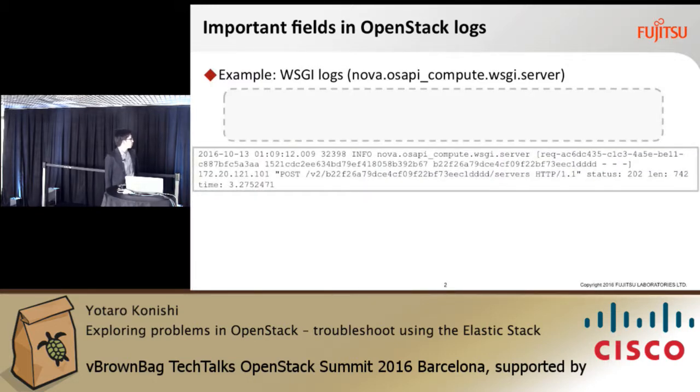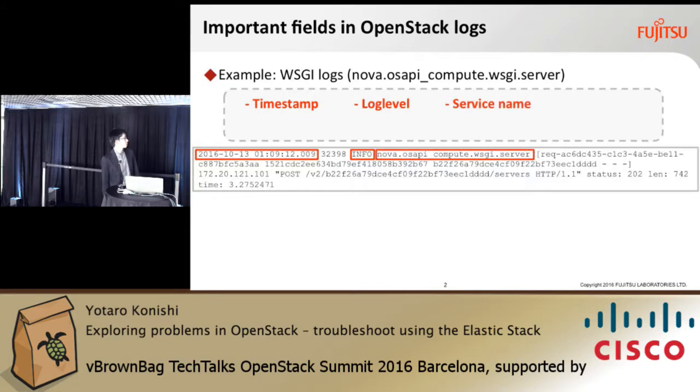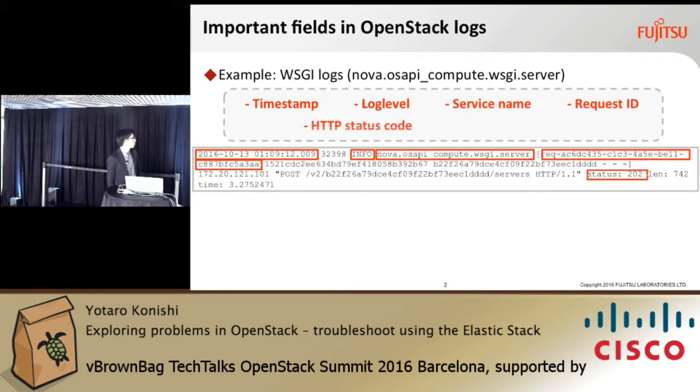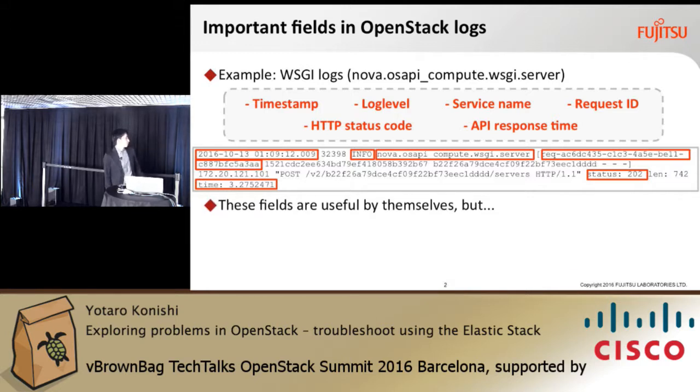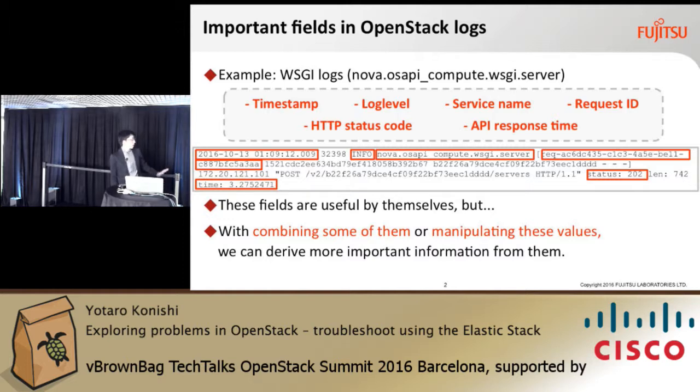There are a lot of important fields, such as timestamp and log severity, who generated this log, request ID, HTTP status code, and response time of REST API calls. And of course, these fields are useful by themselves, but by combining some of them or manipulating these values, we can derive more important information from OpenStack logs.